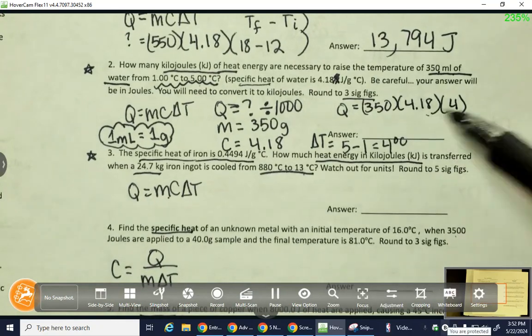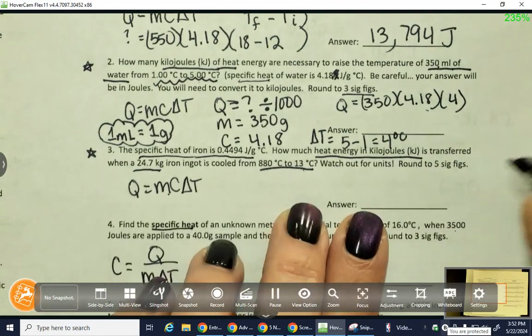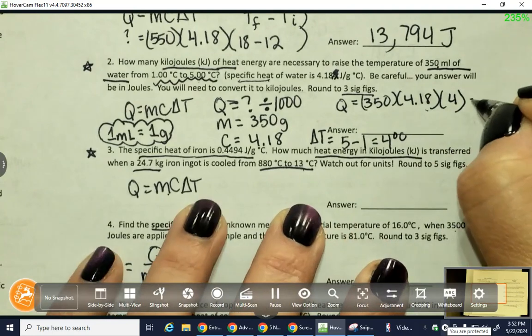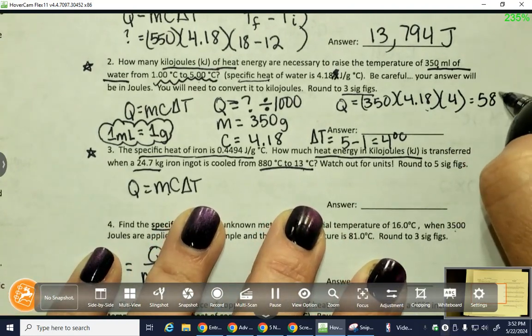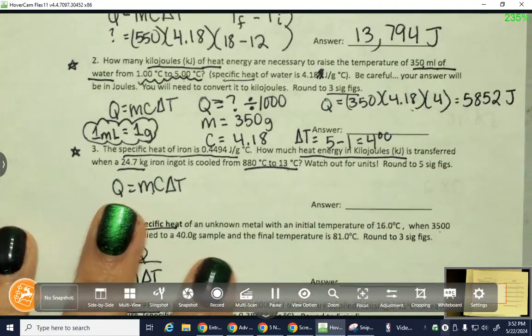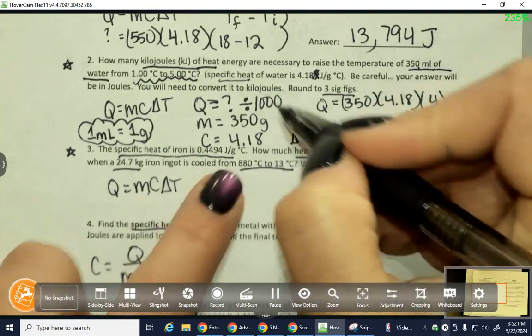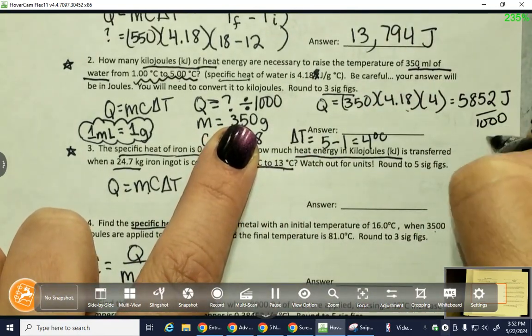So when we multiply those 3 together, we get the answer 5,852. But that's in joules. So in order to get it into kilojoules, what are we going to do? Exactly. We're going to divide by that 1,000.